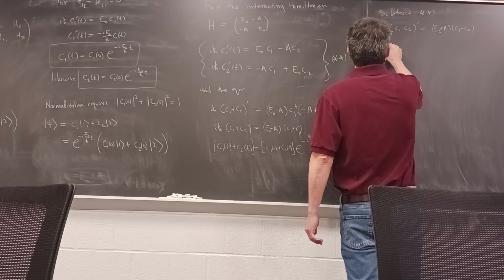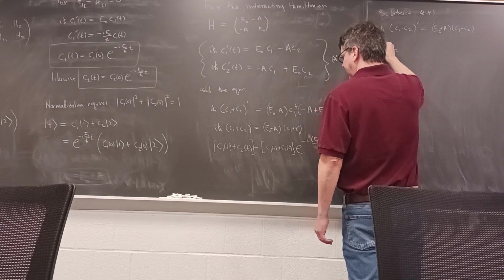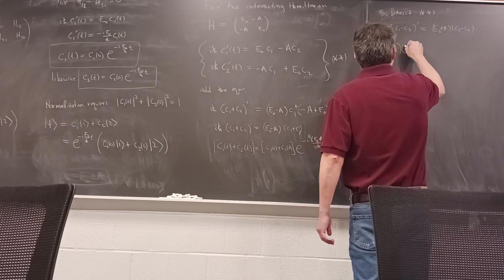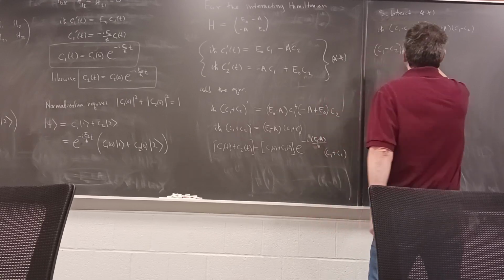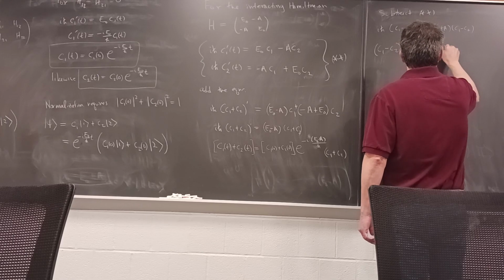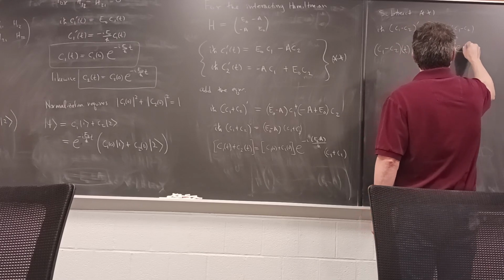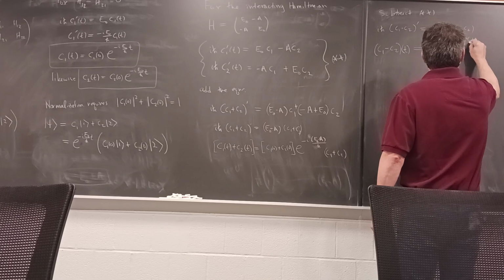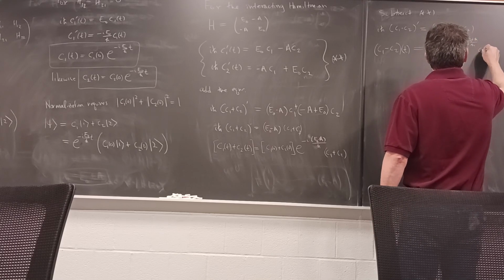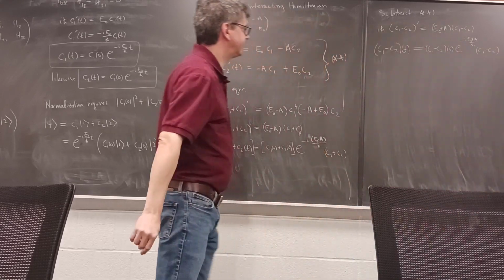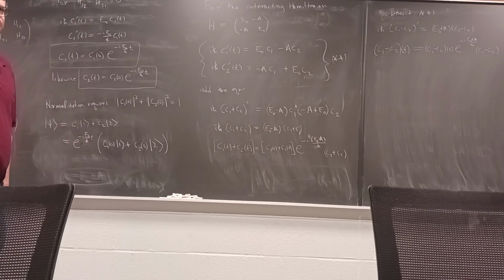So C1 minus C2 at time t is equal to C1 minus C2 at time 0, times e to the minus i (E0 plus A) over ħ times t. Okay?